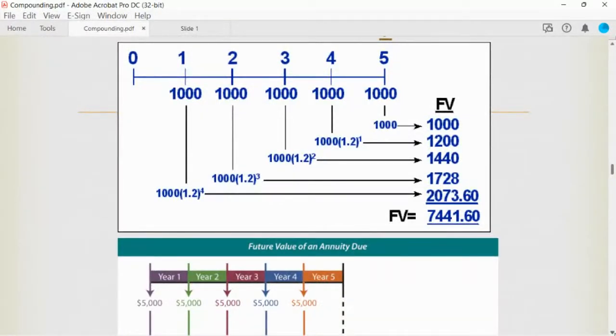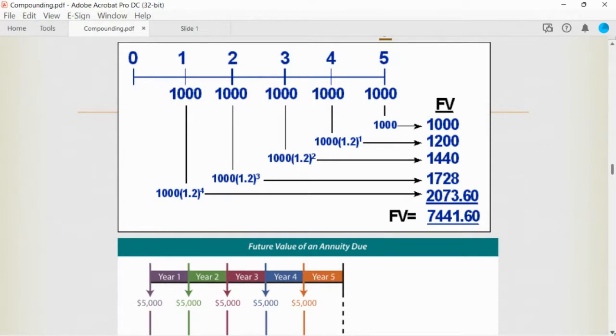In this example, you're making a $1,000 deposit at the end of each year for 5 years, right? So there will be 5 deposits of $1,000 at the end of every year, and the interest rate is 20%.